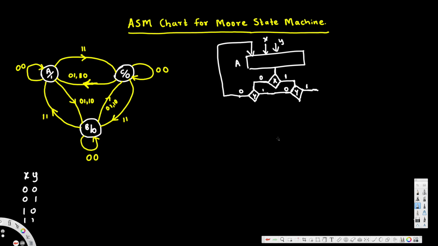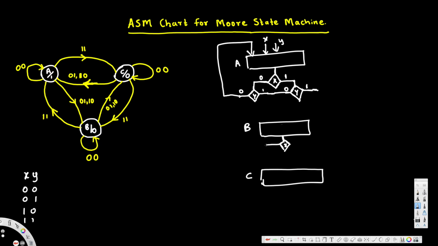But let's go ahead and draw B and C as well. This is our B, and also we are going to have C. Since this is two inputs, we are going to have the same thing again. The decision diagram is going to be the same as this.